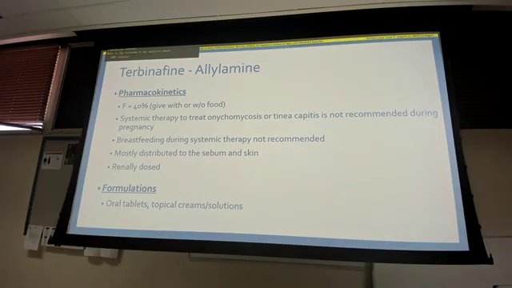So with terbinafine, we have a bioavailability about 40%. We can give this with or without food. And this is going to be the major thing that you're going to treat is for fungal infections or tinea capitis. But again, we don't want to use this in pregnancy because of the potential side effects for that fetal harm. Again, with breastfeeding, that transmission, we want to avoid.